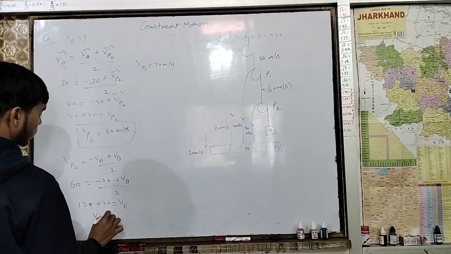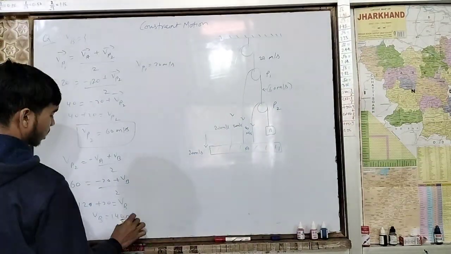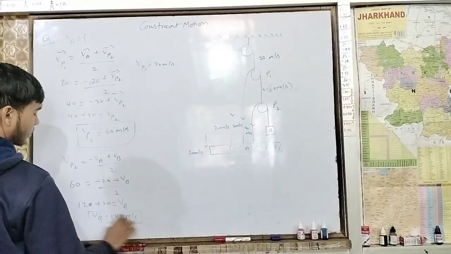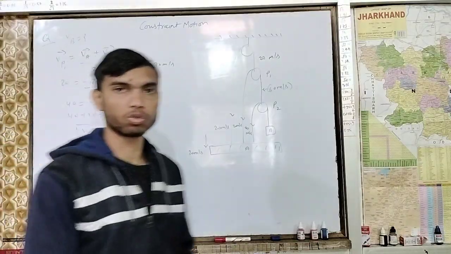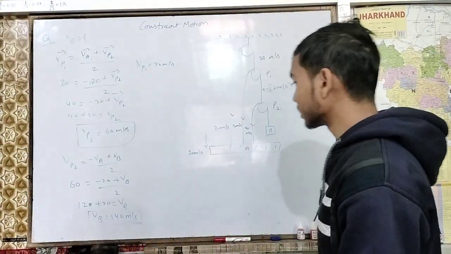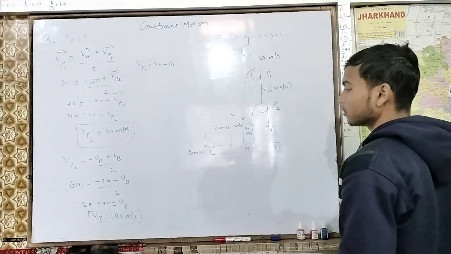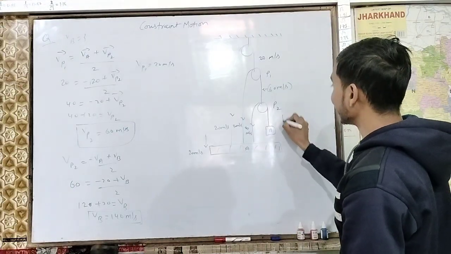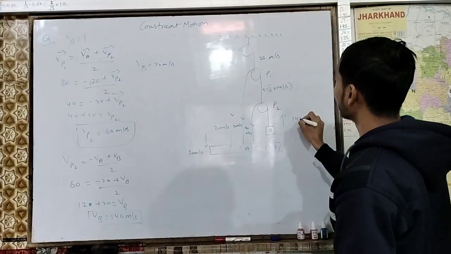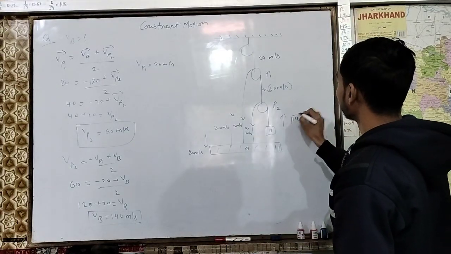Vb is equal to 140 meter per second. Try to understand what the answer is saying. The answer is saying block B is moving with 140 meter per second.